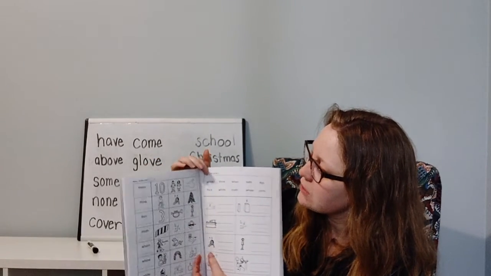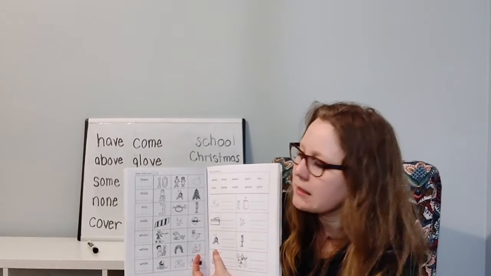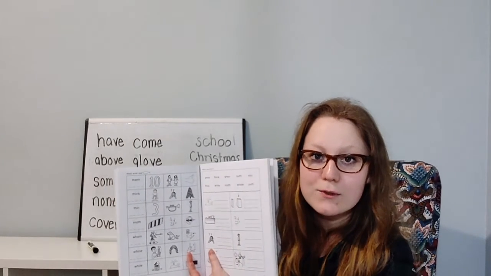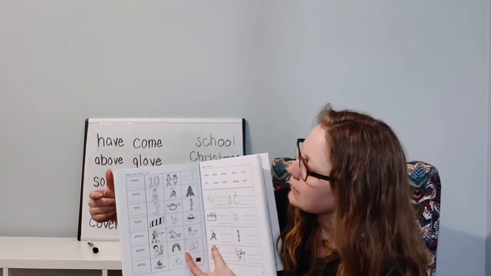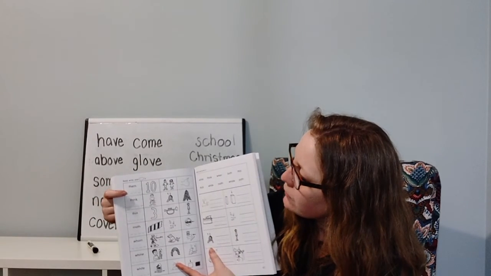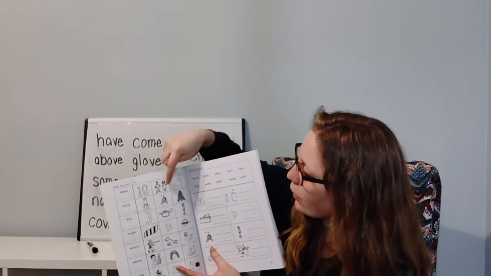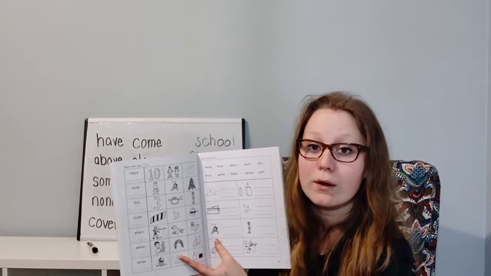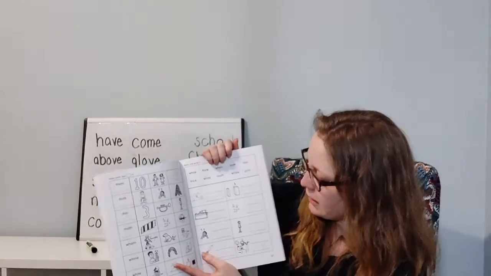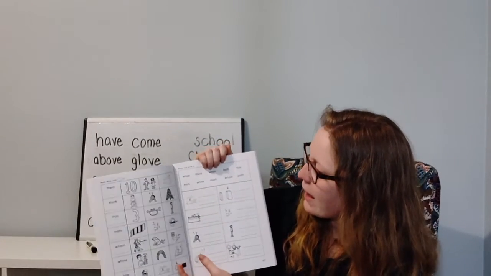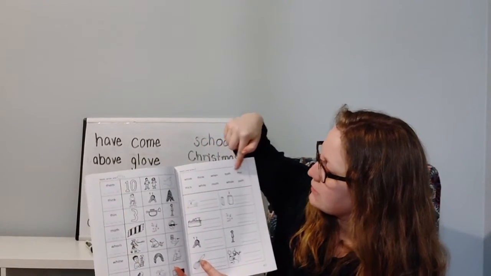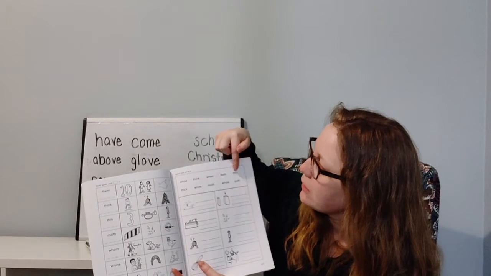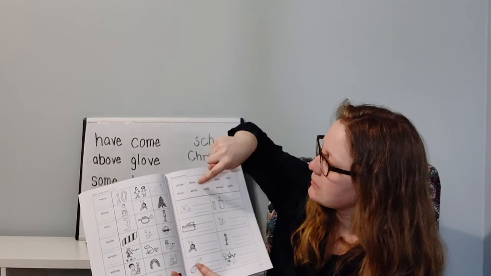Then you're going to turn the page. On this page, there are some words on the side. I want you to try and read those words out loud, then copy the words onto the line, write them down, but then circle the one that shows you the picture for the word. On page 47, you have a word bank. You see all of the words up here. Match the words to the picture.